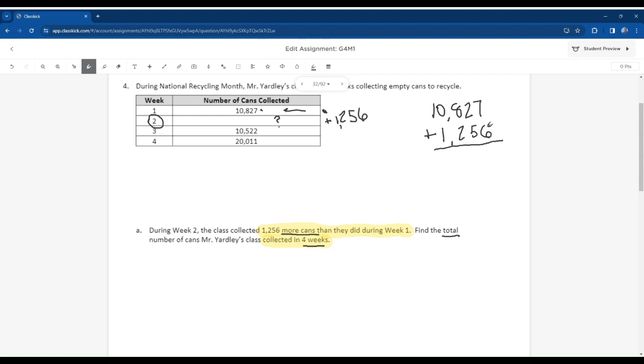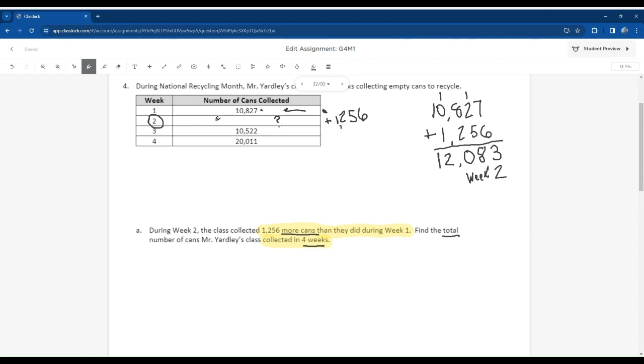So we're going to start by adding ones to ones. 7 plus 6 is 13. 1 plus 2 is 3, plus 5 more is 8. 8 plus 2 is 10, so I'm going to bring down this 0 and regroup 10 hundreds for 1,000. 1 plus 0 plus 1 in the thousands place is 2, and 1 plus nothing here is 1, to give me 12,083 cans, and this is just the cans for week 2.